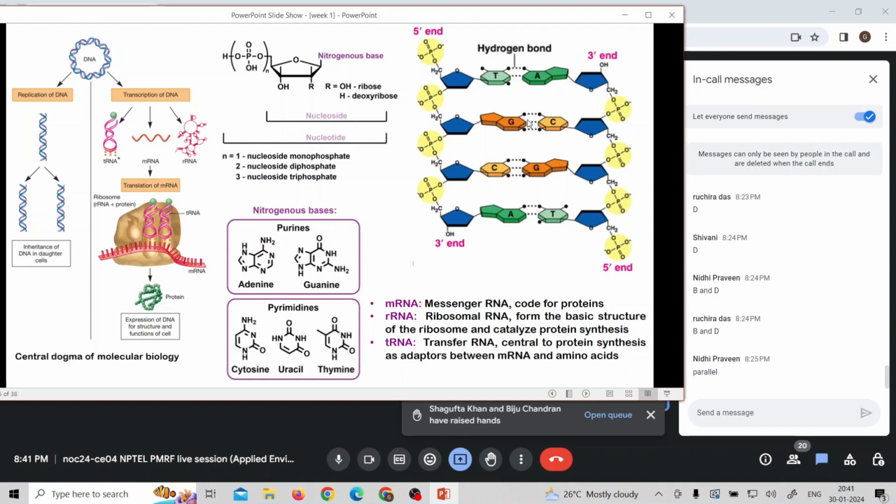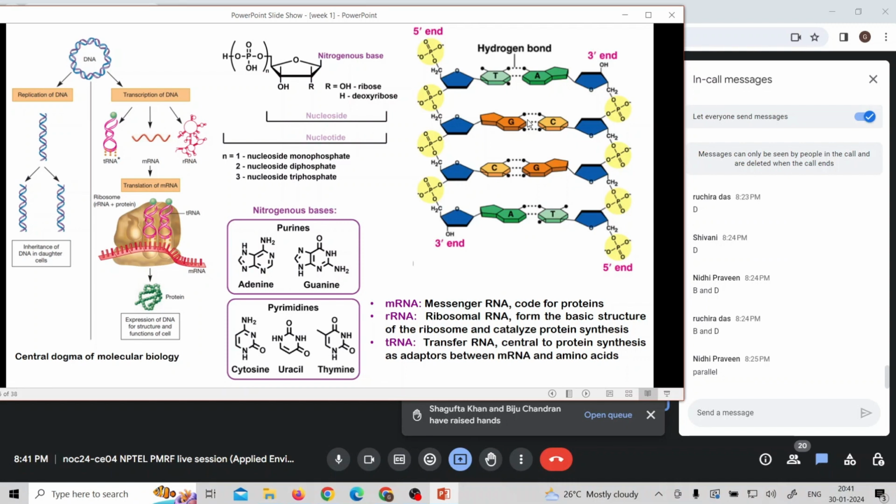This is called a messenger RNA because it has the message for the protein synthesis. This has the prime message, which is going to be converted into a protein, and you all know proteins are of great importance in all of the metabolic activities in any living organism. So this codes for the proteins.